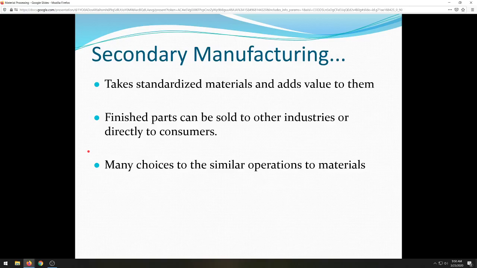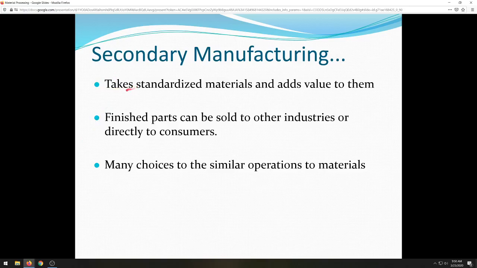Eventually, it gets rolled into the bars, and then I order those bars, and they're just standardized steel bars that we order, which is why they're cost effective. They're pretty inexpensive. And then we would be considered like a secondary manufacturing facility where we take those bars and we add value to them.